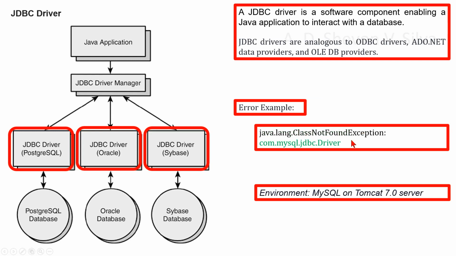As an error example, we can consider this error that occurred in an environment with MySQL on a Tomcat 7.0 server. The error is com.mysql.jdbc.Driver occurred as a result of ClassNotFoundException.